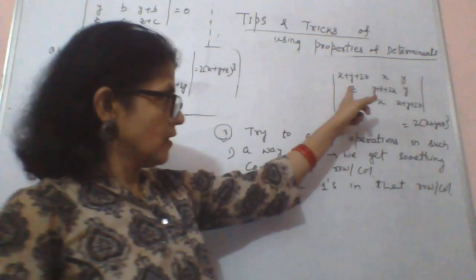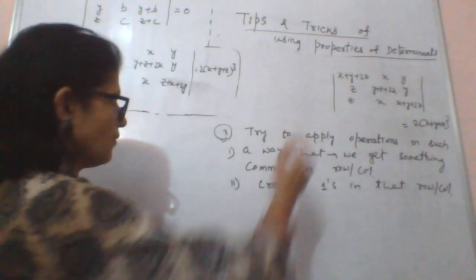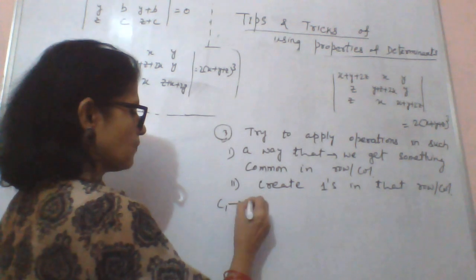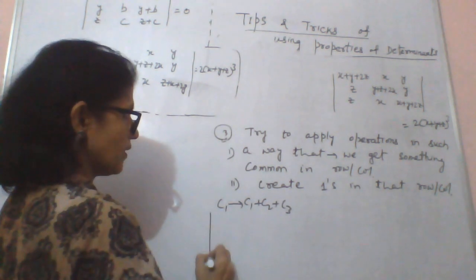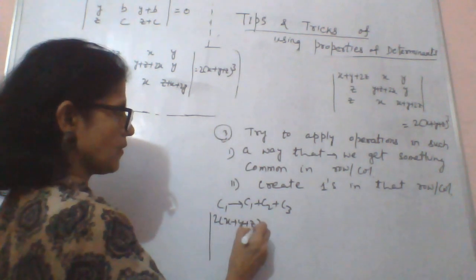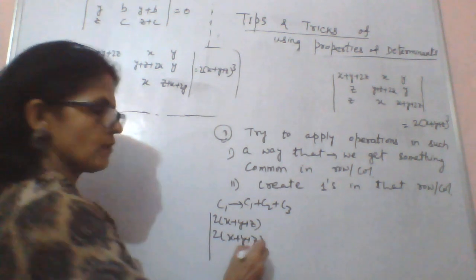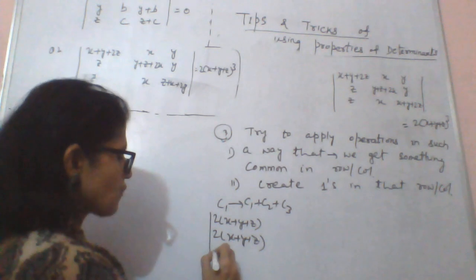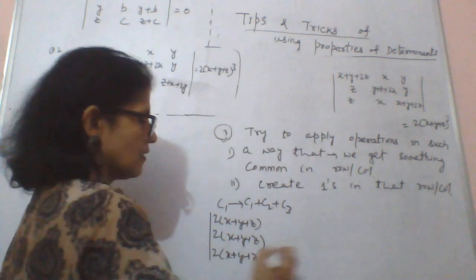So here you see, if you take C1, C2, C3, now C1 is replaced by C1 plus C2 plus C3. We are getting here twice of x plus y plus z, twice of x plus y plus z, twice of x plus y plus z, right?